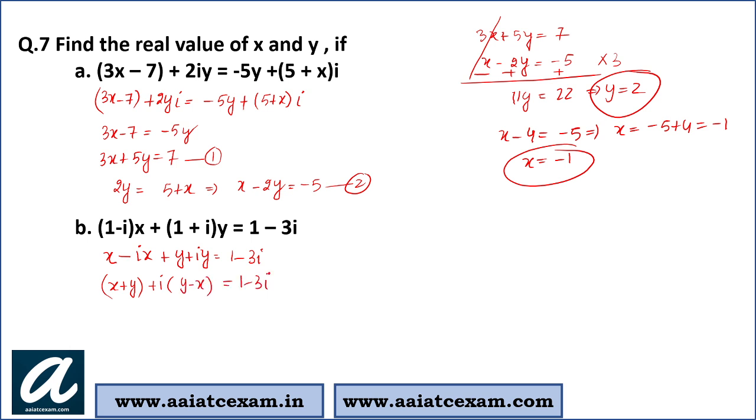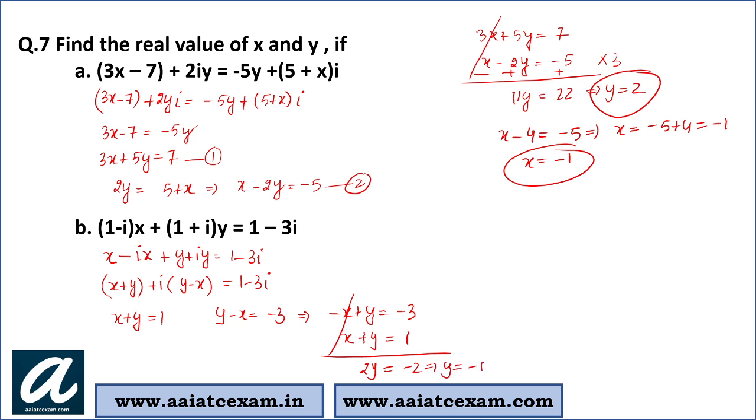Now compare both sides. I'll say real part is equal to real part and imaginary part should be equal to imaginary part. So can I say one thing, that minus x plus y equal to minus 3 and here it is x plus y equal to 1. Just add two quantities, you'll get 2y equal to minus 2 and y equal to minus 1.